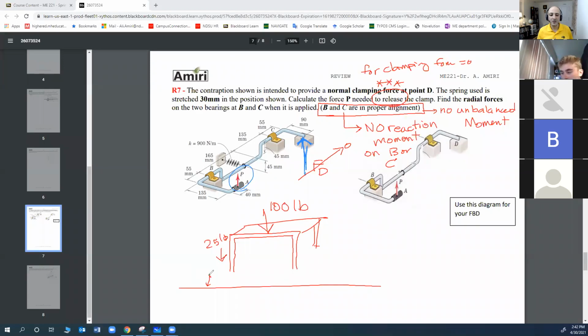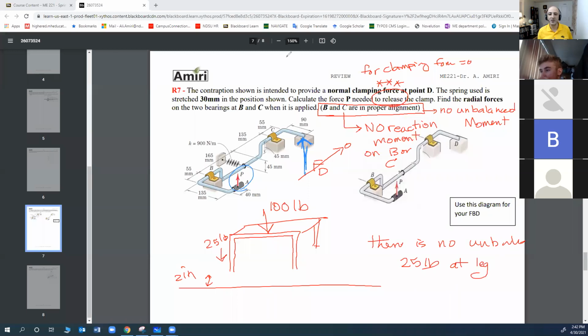So it's not even touching, 2 inches. In this case, there is no unbalanced 25 pounds at each leg, right?